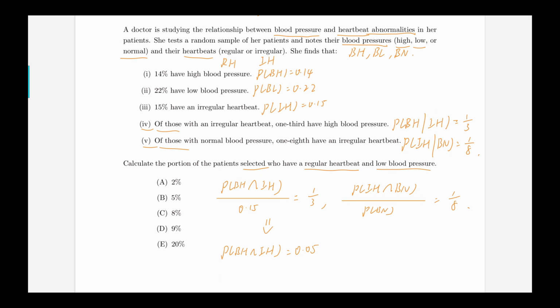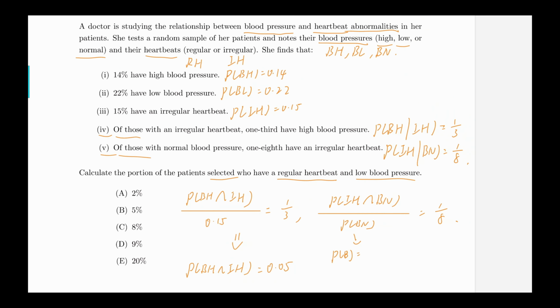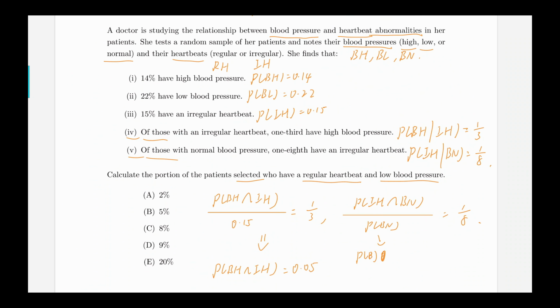And let's see, what can I do here? Well, I also know about BN. So what do I know about BN? So let's see. BN, it's basically the total probability minus all the other possibilities.